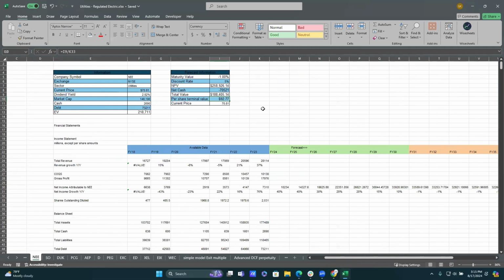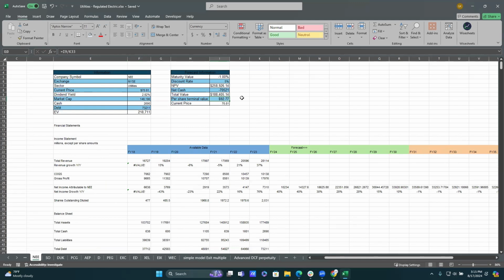So this company, not the Southern company anymore, NextEra Energy, I believe. Suez did a report on this, so it was interesting that he chose that. But when I did my forecast on this company, I found a terminal value, so I expect the stock to be worth $92.77.